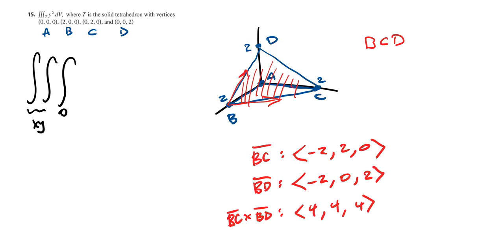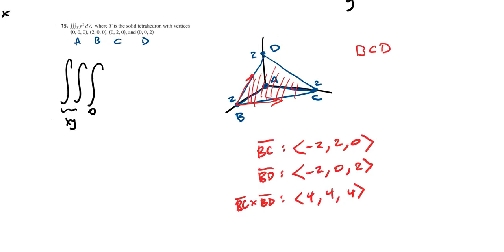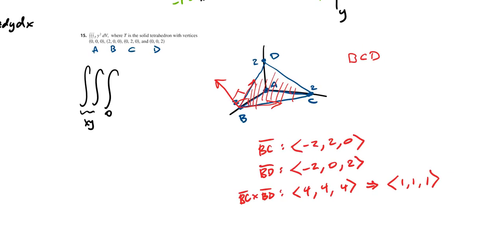That's my n vector, and that's a multiple, so I can make it 1, 1, 1 if I want, because I just need a vector that's perpendicular to the plane. Any such vector is fine. 4, 4, 4 is a multiple of 1, 1, 1, so I'm just going to use 1, 1, 1.